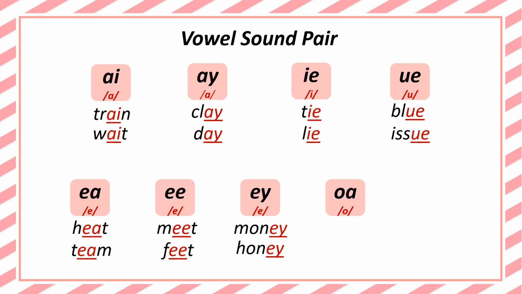OA, name of first vowel, that is O, as in soap, road. OE, name of first vowel, O, as in toe, foe.